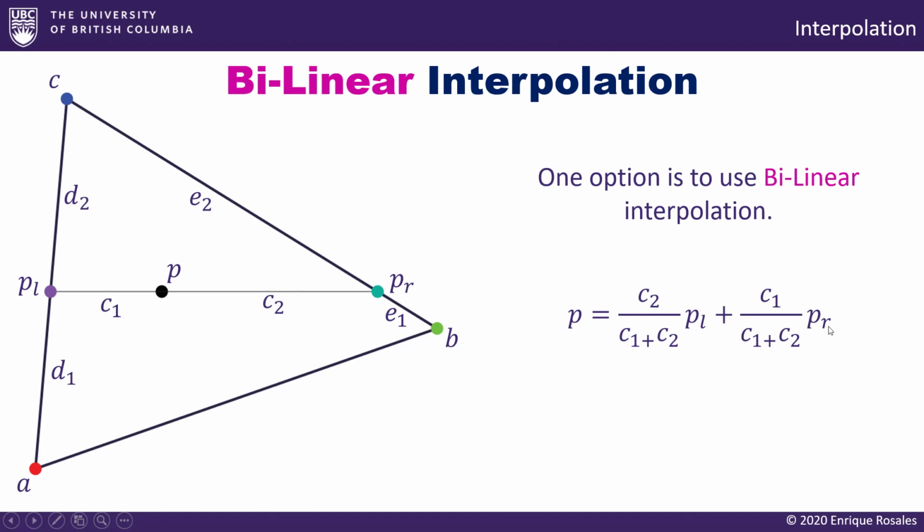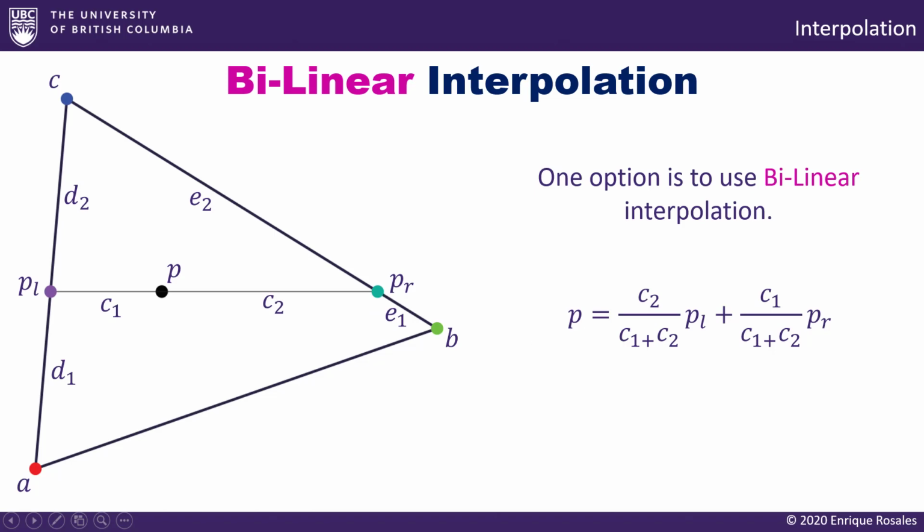We take the color of PR and we multiply by the ratio of the opposite distance, right? And we sum those things and we will get the color of P. I'm not actually drawing the color of P. I probably forgot to do that. Obviously, the point P is not black at the end, right? It will be basically a combination of purple and this color here, right?